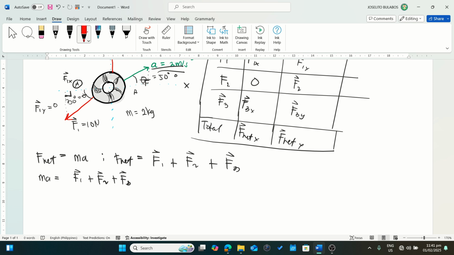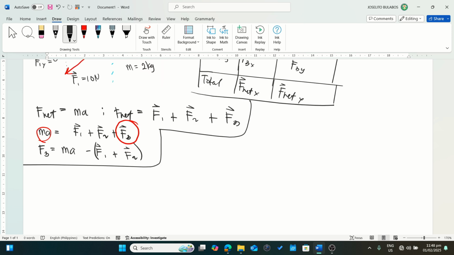And since we're looking for this one, we will rearrange our equation. We will end up with F3 equals ma minus F1 plus F2. Okay, let us focus on that equation.